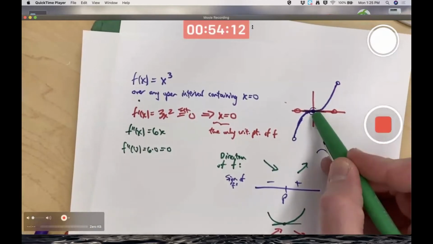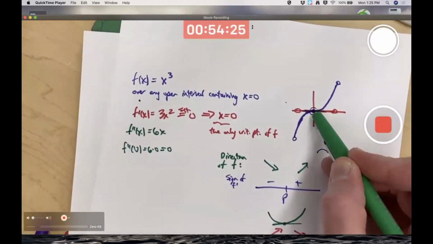There's an inflection point there. It's also a critical point, but it's neither a local max nor a local min. Inflection points can occur at critical points, but they don't have to. They can also occur at other points, like these.